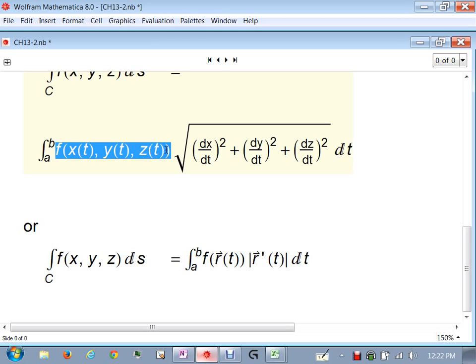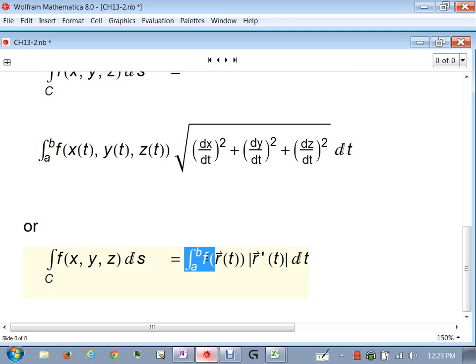That's not what we mean, though. When we write f evaluated at r of t, at the vector function r of t, what we mean is take the components of the vector function and plug the components into the scalar function. Does that make sense what I'm telling you?